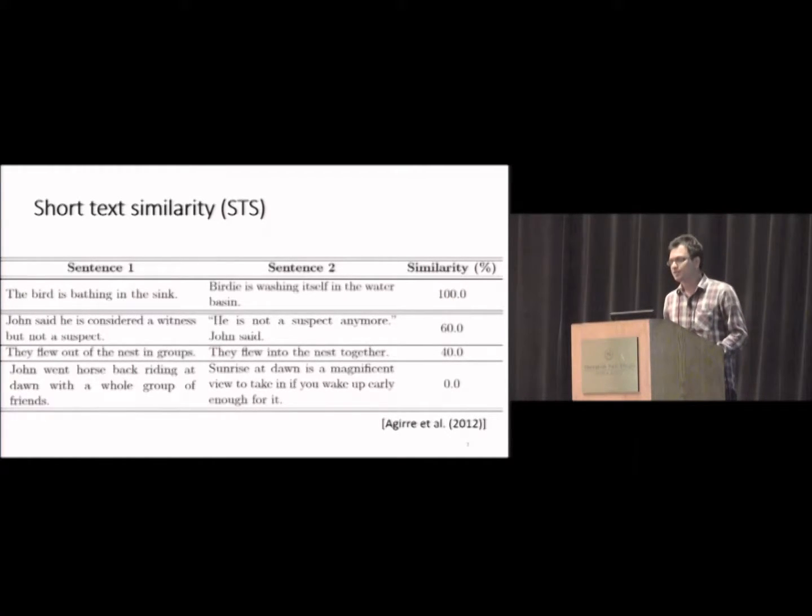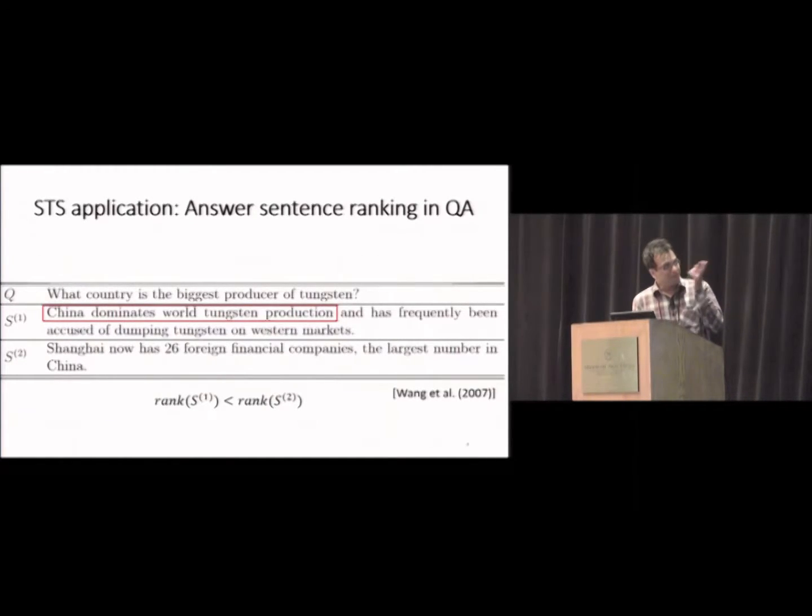So how is this task useful? Let me give you an example in question answering. This task is known as answer sentence ranking or answer sentence selection. Given a question and a set of candidate answer sentences, the goal is to rank those sentences so that the ones that contain an answer are ranked higher.